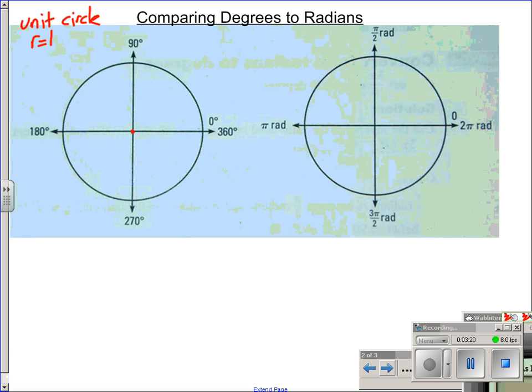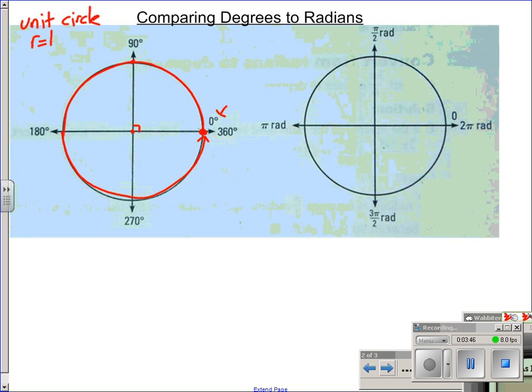When we're measuring angles with this, we always start here on the circle, on the positive x-axis. That is your 0 degree mark. Angles go up, going counterclockwise. So this is a 90 degree angle here. You keep on going around, 180, 270. You go back around full circle, that's 360 degrees.